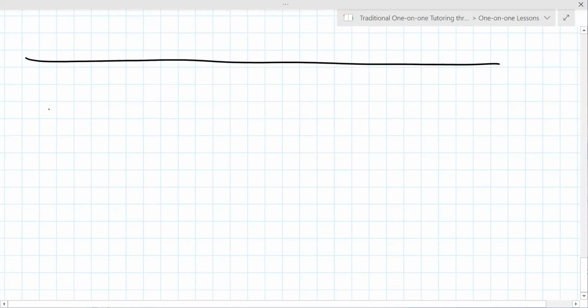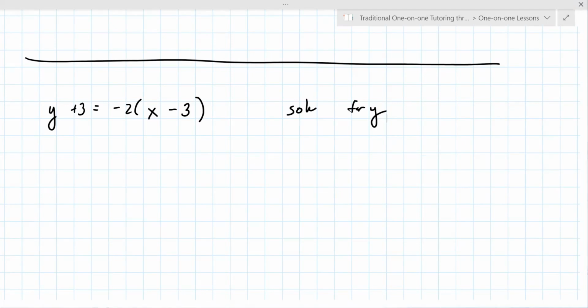Let me just have you do this for the time being. Okay. Let's see if y plus 3 equals negative 2 times x minus 3. I want you to just solve for y, please. Solve for y. Sounds good.